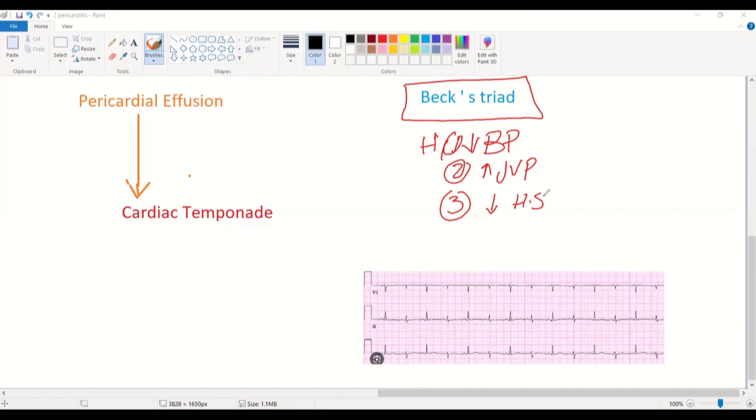Okay. So the ECG finding in cardiac tamponade is again high yield. What is the main ECG finding in cardiac tamponade? Electrical alternans.